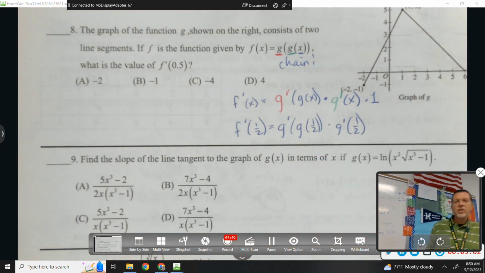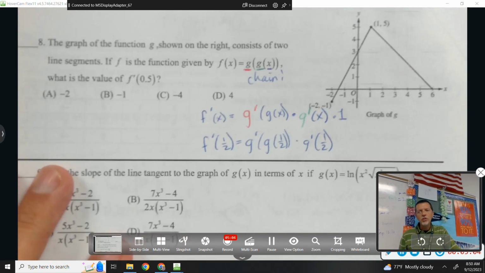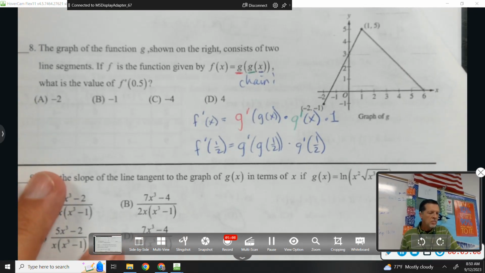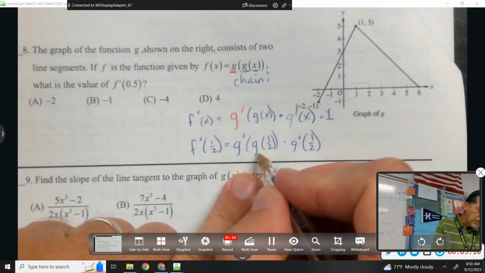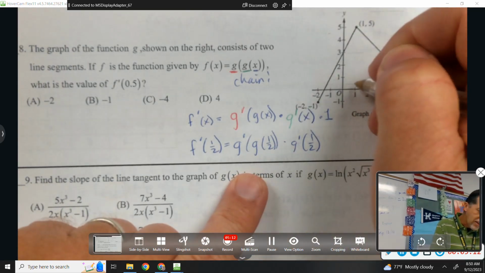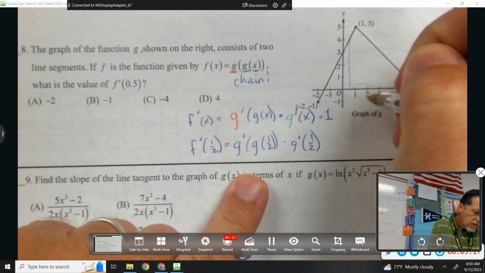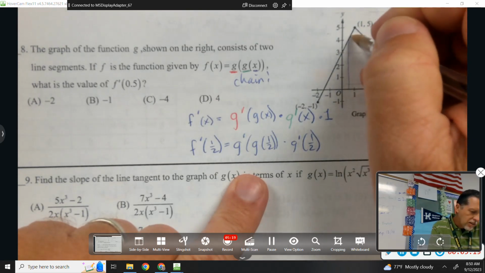I guess there's still some calculus, because if I want G prime and I have a graph of G, well, let's back up, because the first thing I need is G of 1/2. G of 1/2 is 4.